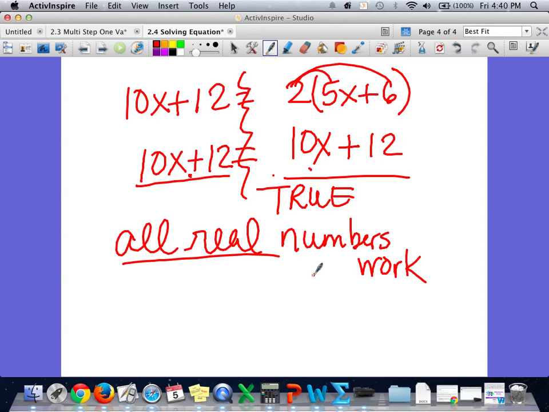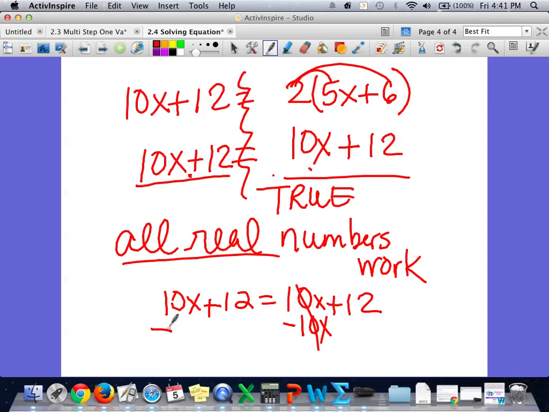But if I wanted to work this problem, let me write it down here. 10x plus 12. If I subtract 10x, that's gone.